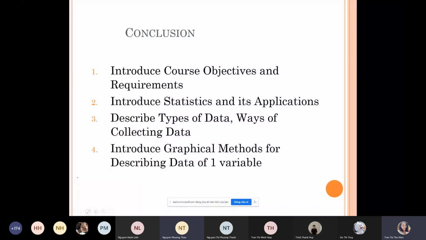First of all, for the requirements, we have attendance. How much percent? 10%.